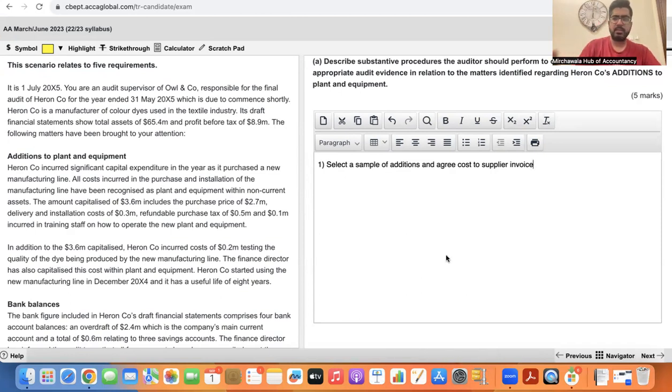Now, people might say that this is just copy paste. This is going to earn 0.5 marks. So just make it relevant to the scenario by writing something about the scenario or the company.